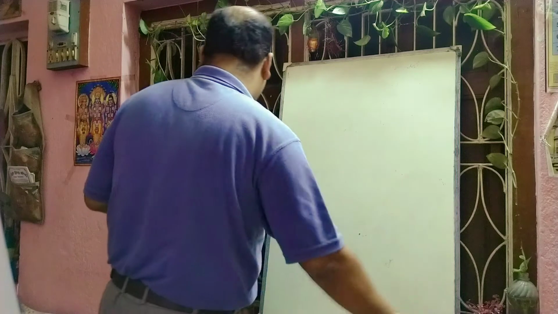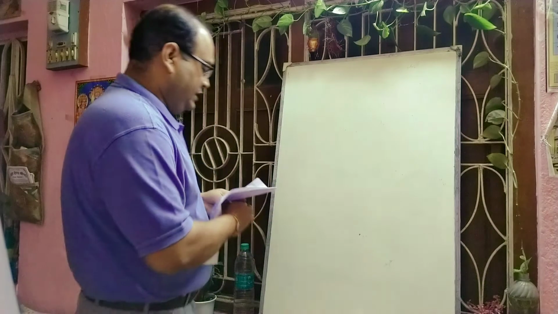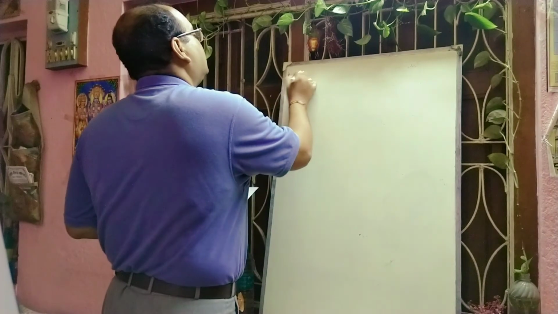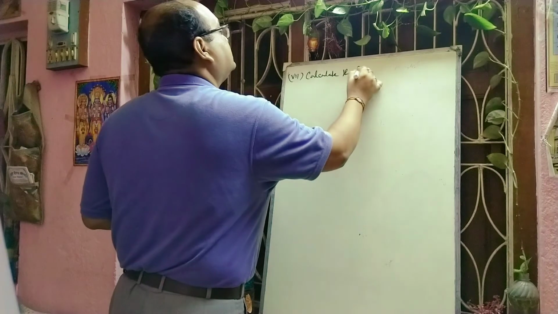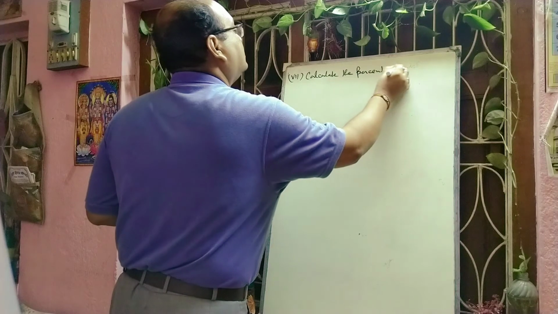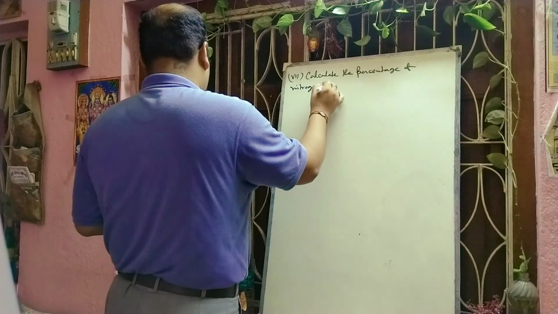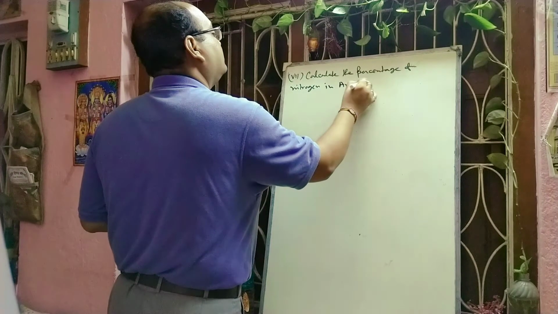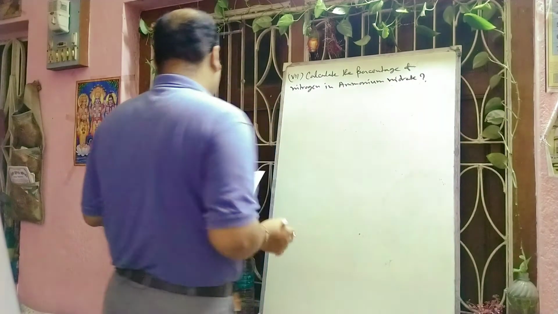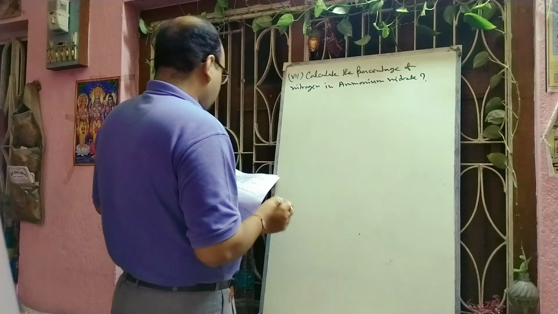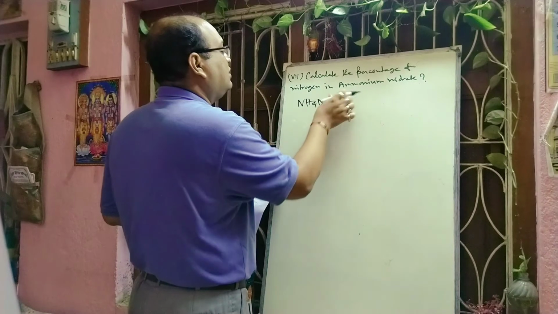That is the molecule. Next problem is given: calculate the percentage of nitrogen in ammonium nitrate. Here NH4NO3, first you have to calculate the molecular mass.